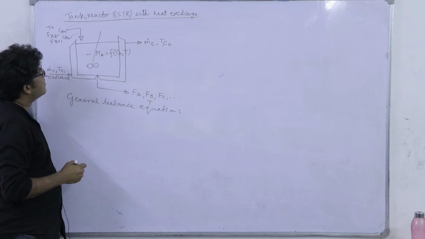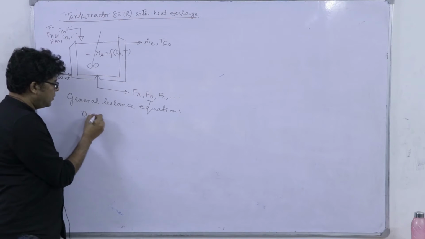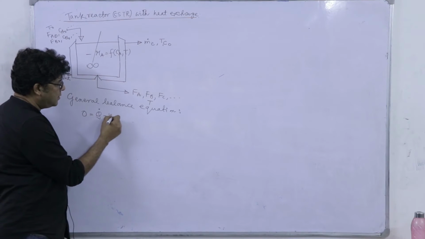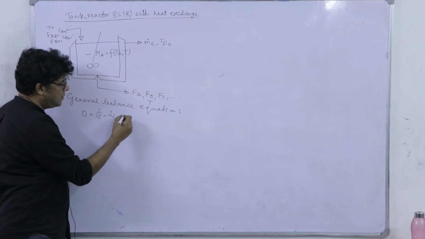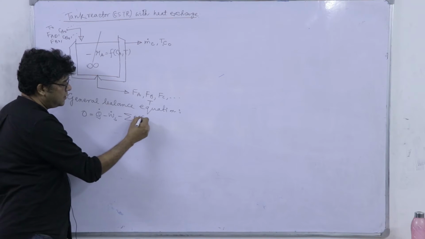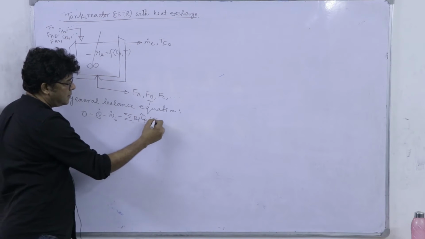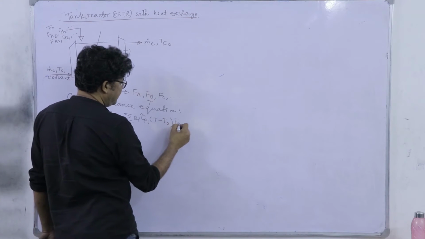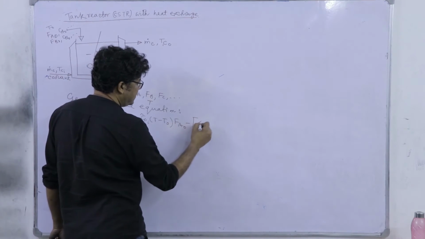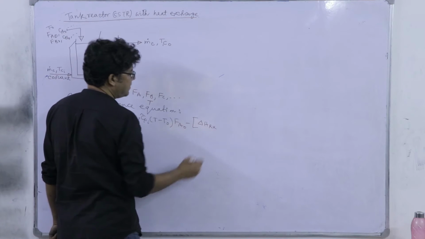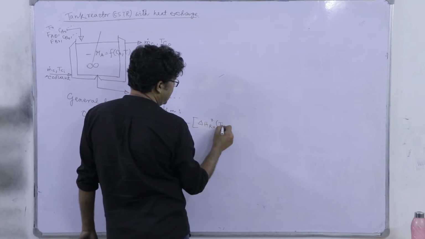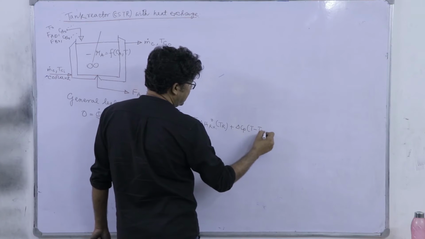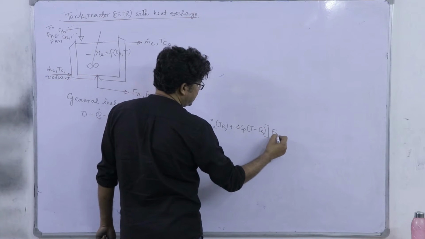So, here 0 equal to, let's first write the original equation, Q dot minus W dot S minus summation theta I Cp I into T minus T naught into Fa naught minus delta H R x naught at Tr plus del Cp T minus Tr into Fa naught into Xa.